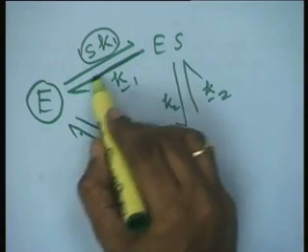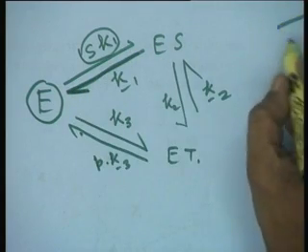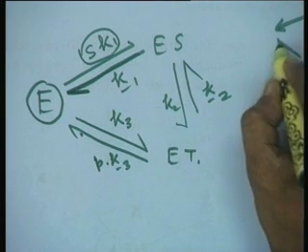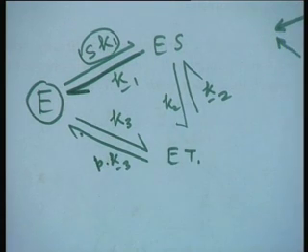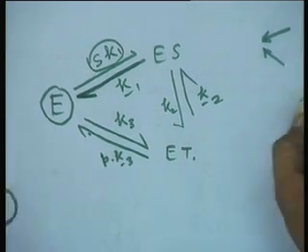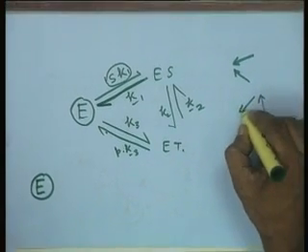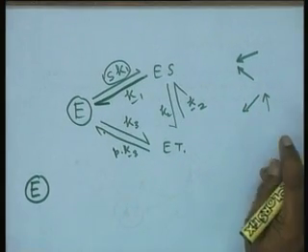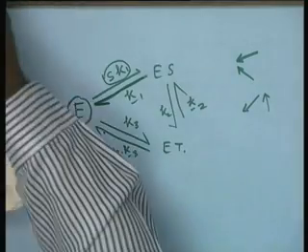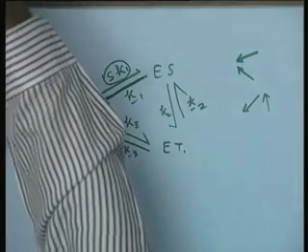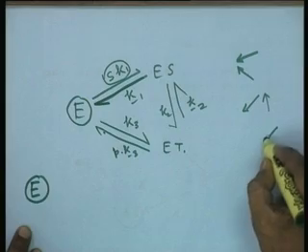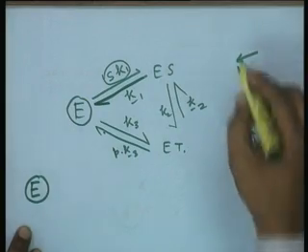E can be formed by this, for example this and this. Similarly you can form this and this, is that right? Write all the possible pathways which are feasible to form a particular species, this is for E actually.